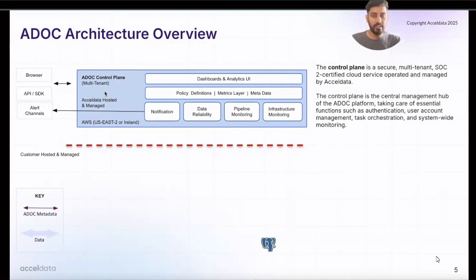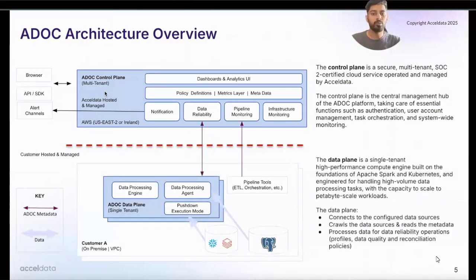Whereas the second part of the product goes to the customer environment, which is the data plane here, that has a processing engine and a processing agent, right? This data plane software also gets installed on a Kubernetes cluster, but that Kubernetes cluster has to run in the customer environment. Why?